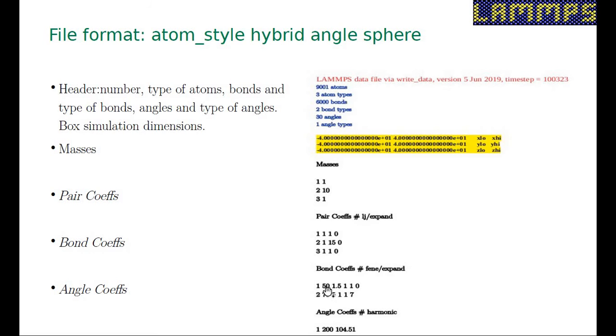So different spring constants are used, different equilibrium lengths, and the size of the particles. The same applies for the angle coefficients, where the spring constant needs to be introduced and the maximum angle of the interactions.